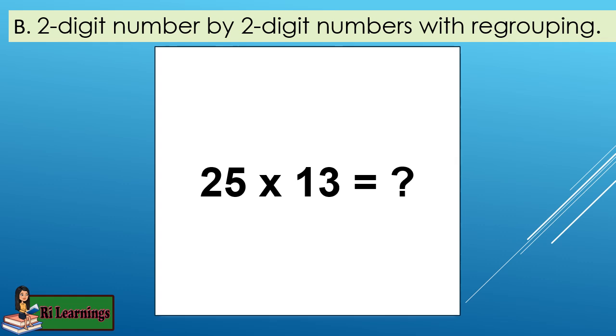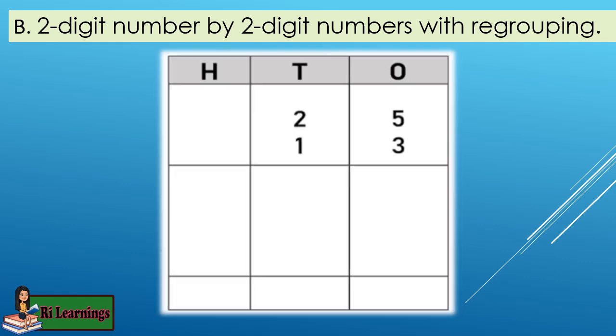Example 4. Here is an example of two-digit number by two-digit numbers using the short method with regrouping. 25 times 13. Step 1. Write the factors vertically. Step 2. Multiply the multiplicand by the ones in the multiplier. Regroup if necessary.